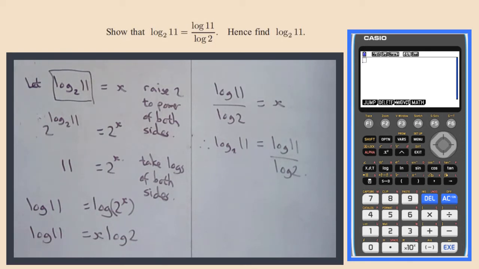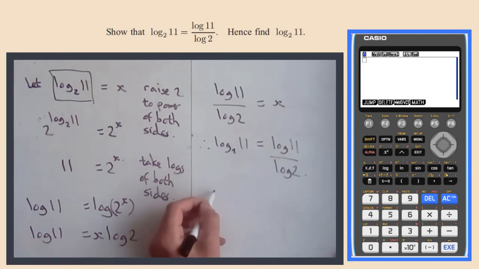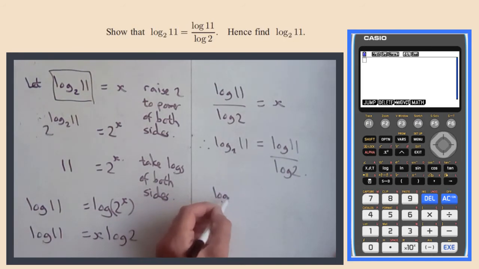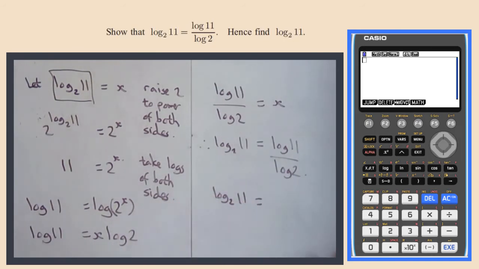Actually, if you go back even further, they had to look in a book to get the logs, but we don't have to worry about that. So log base 2 of 11 equals, well, I just need to do log 11 over log 2 on the calculator.